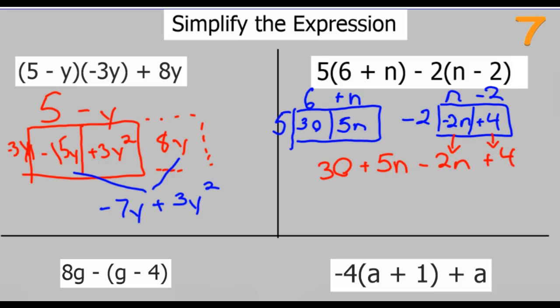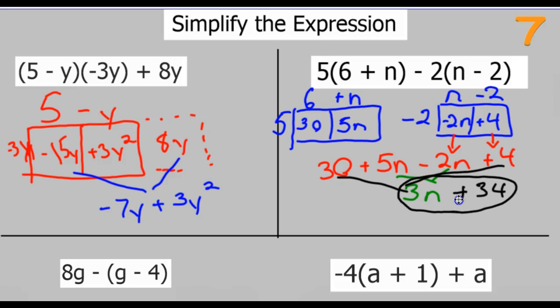We have some like terms, so we can combine our like terms. 5n minus 2n gives us 3n. And the last like terms are 30 and 4. So that gives us 30 plus 4, which is 34. So our answer is 3n plus 34.